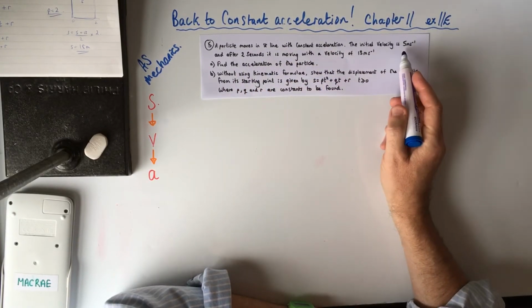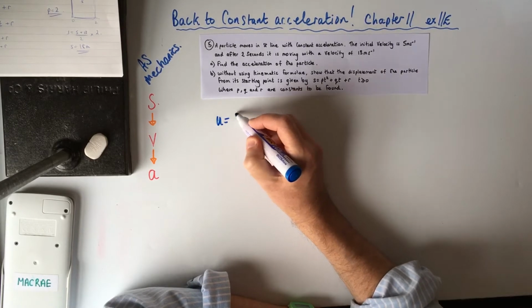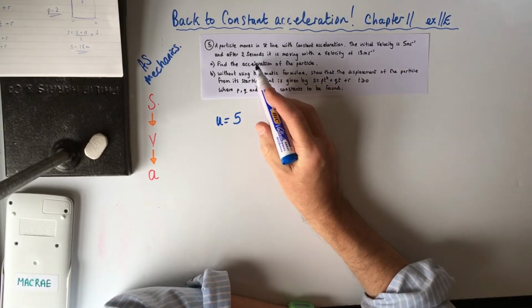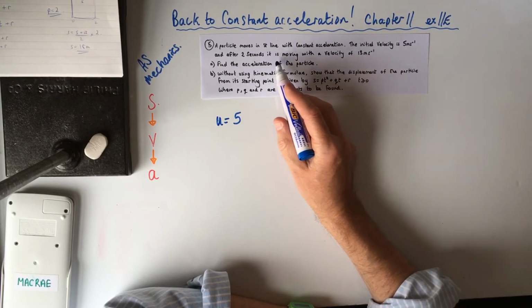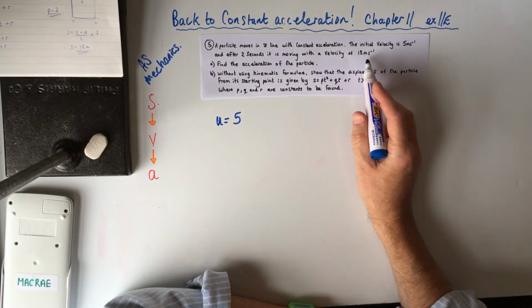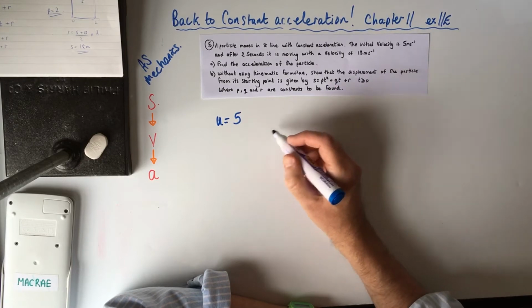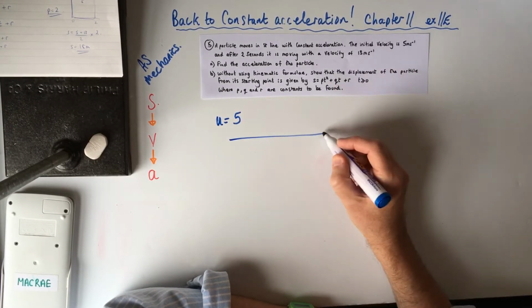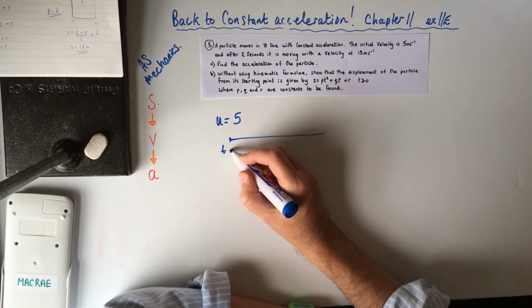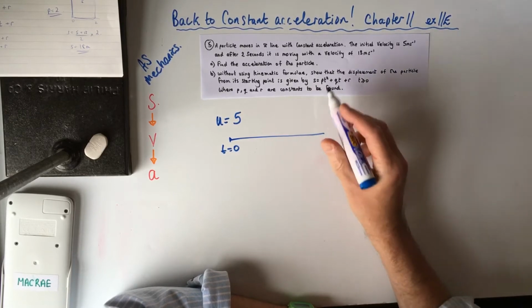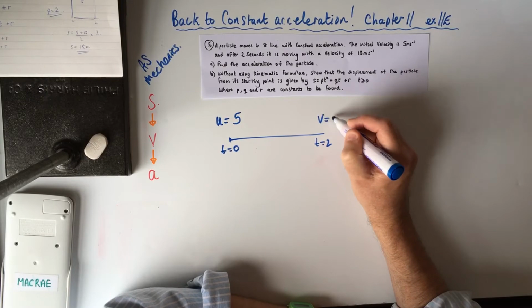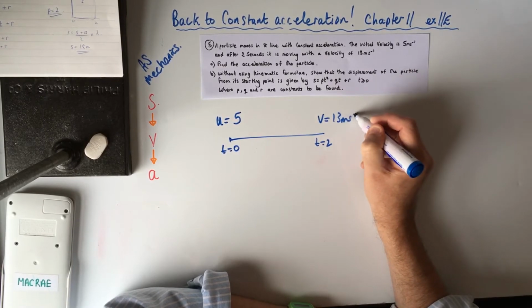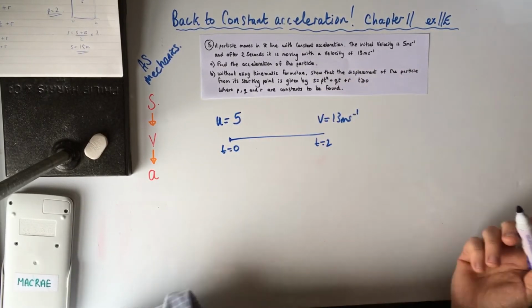The initial velocity, u, is 5, and after 2 seconds it is moving with a velocity of 30 meters per second. So it starts off at 5, that's at t equal to 0, and when t is equal to 2, the velocity is 30 meters per second to the minus 1. Find the acceleration of the particle.